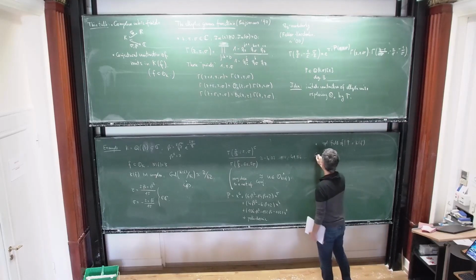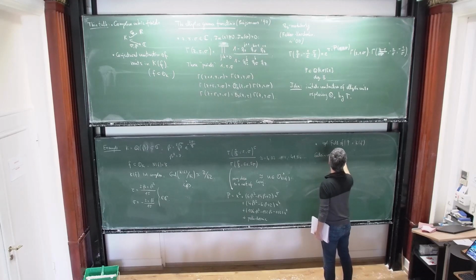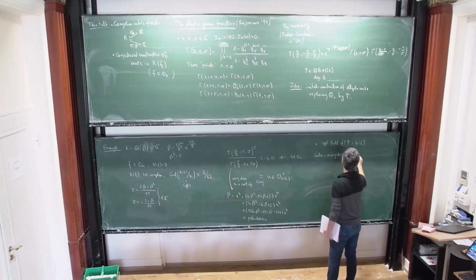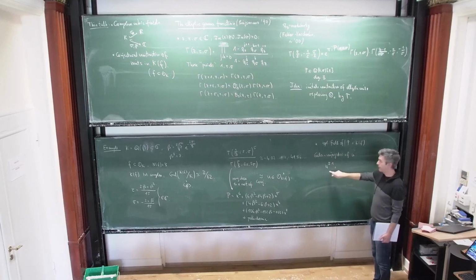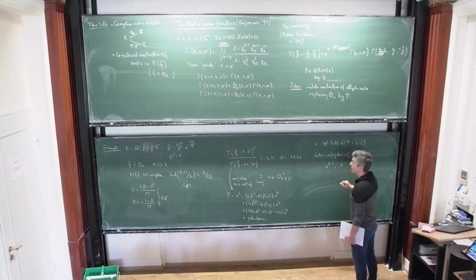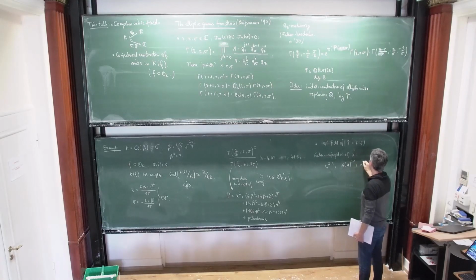Maybe the more interesting thing is, what are the Galois conjugates of U? Well, it's U and U inverse, and then we have alpha of U to the plus or minus 1 and alpha squared of U to the plus or minus 1.